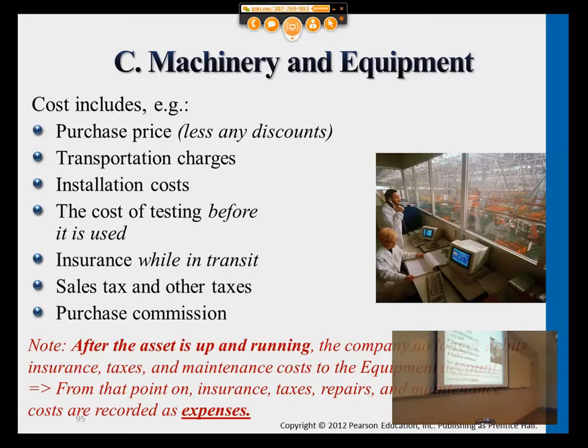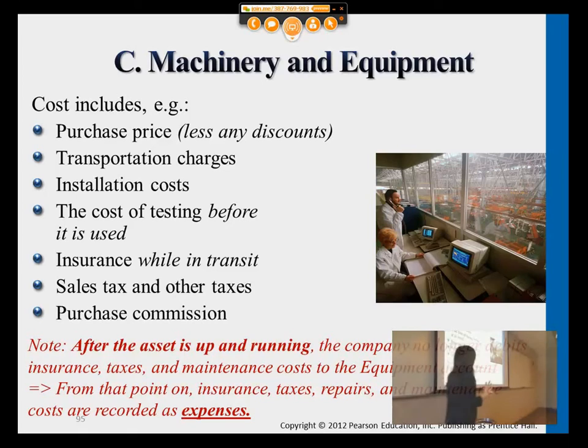or expensing the asset. So earlier, if you purchase equipment worth $10,000, and this $10,000 includes the purchase price, transfer cost, and any cost for installing the asset, this will be the original price that you debit for equipment. Let's say we pay by cash, so we credit cash. This is before the asset is being used. After it's being used, we need to determine whether any repair and maintenance is major or minor.